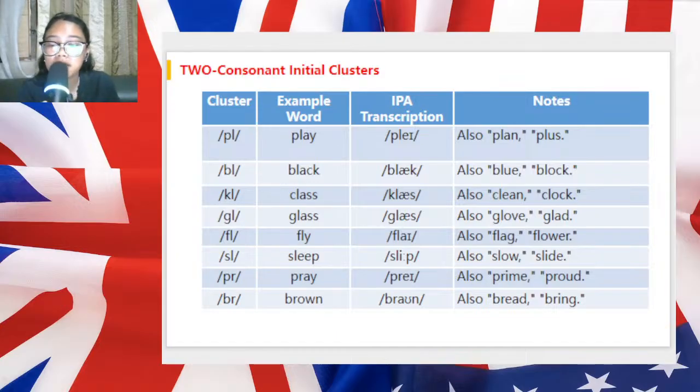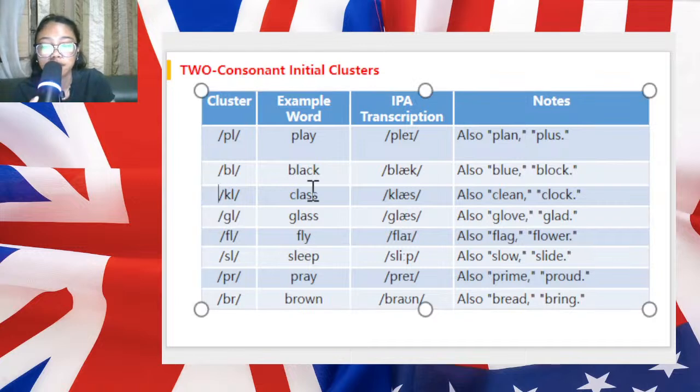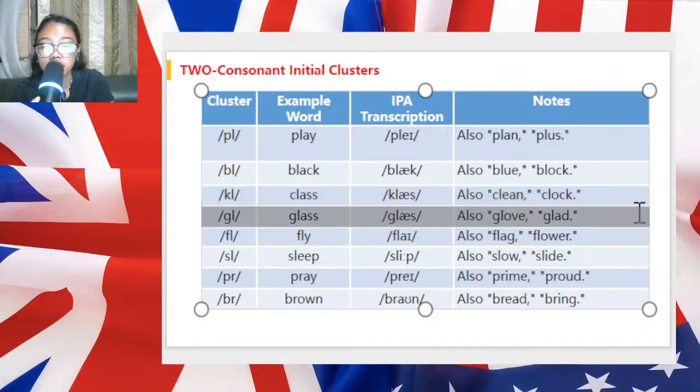Okay, next, following that, we encounter the gl cluster. Our word here is glass. This is the voiced counterpart to cl. So that one is voiceless, while this is the voiced counterpart of it. The G sound is also made at the back of the throat, but with vocal cord vibration because it's voiced. And that's the characteristic of a voiced sound.